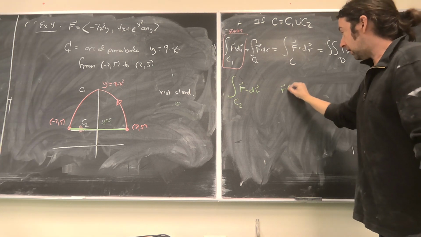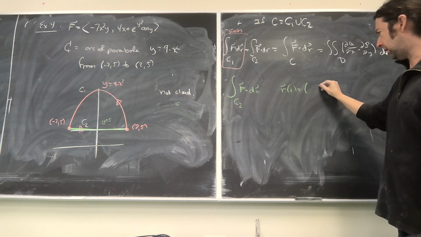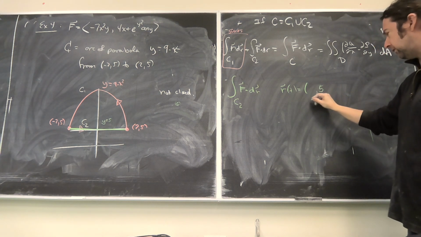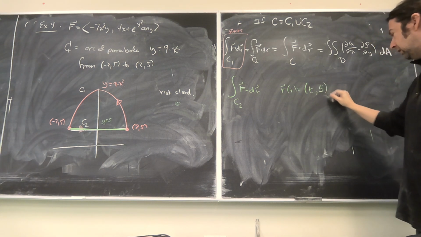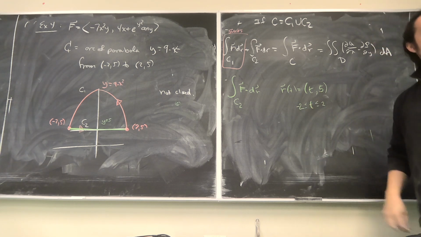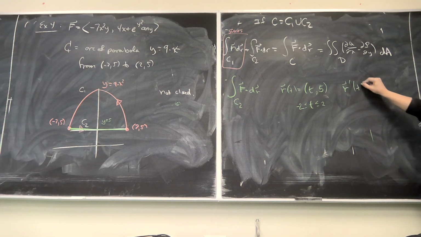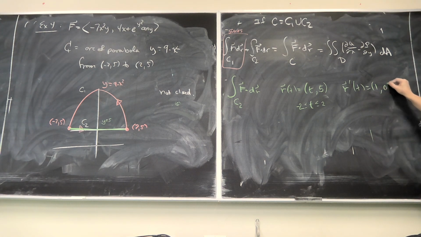On that line segment, r of t is just equal to, let's see, the y's are constantly 5, the x's are moving, and the t values go between 2 and -2. R prime of t is equal to 1, 0. Oh, that's nice.